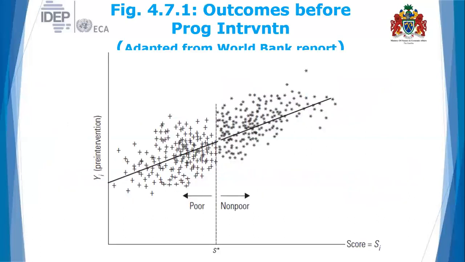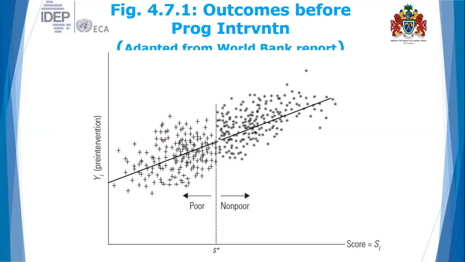So regression discontinuity brings in an element of a threshold, a cutoff point Si. In this figure, individuals on the left side of the cutoff point S star are considered poor and therefore eligible to participate in the program, whatever intervention it is, the poverty alleviation program with specific interventions.